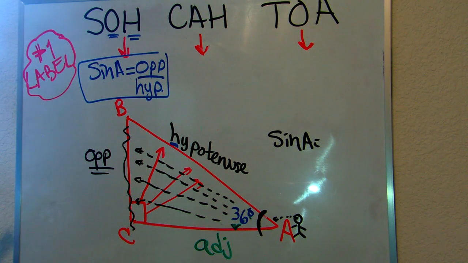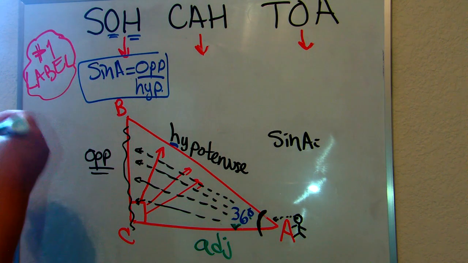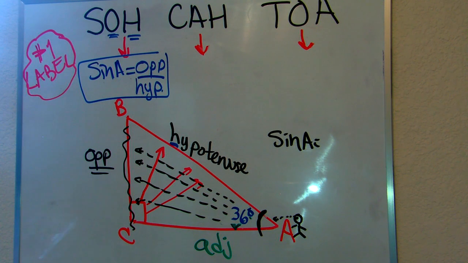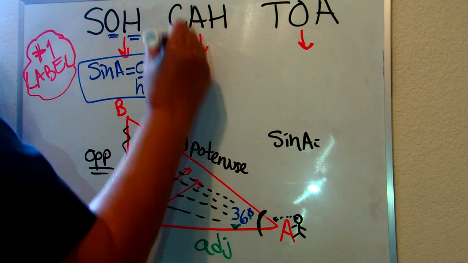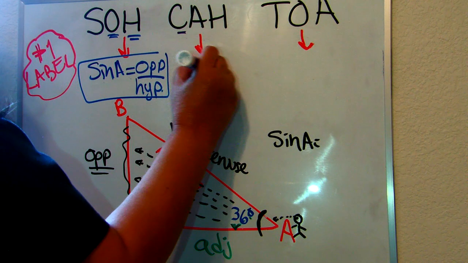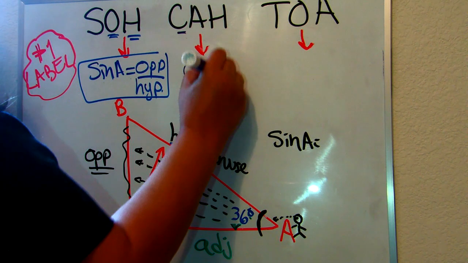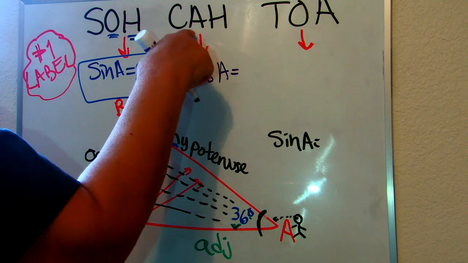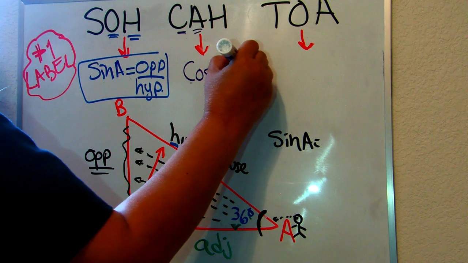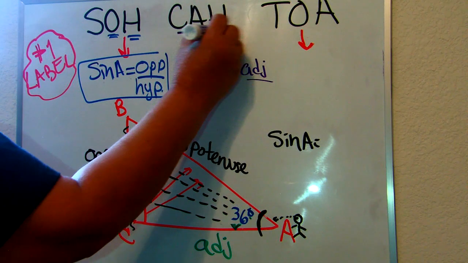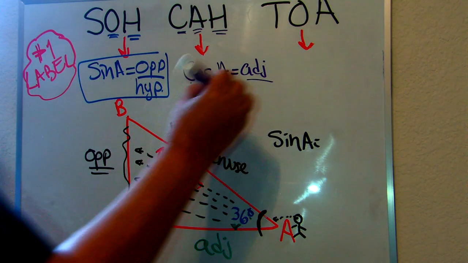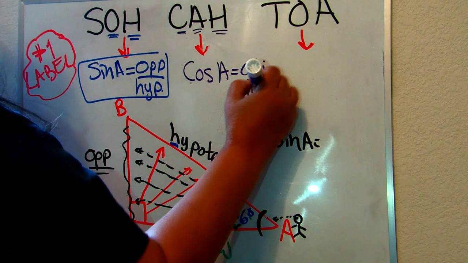Let me use another color for the cosine. The C stands for cosine, same angle. The A stands for adjacent. The H stands for hypotenuse.